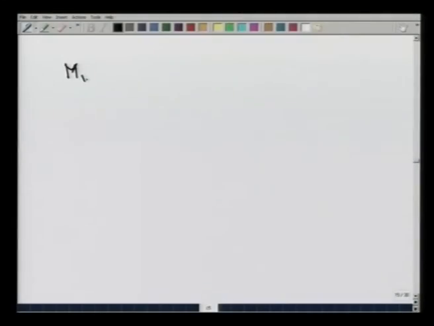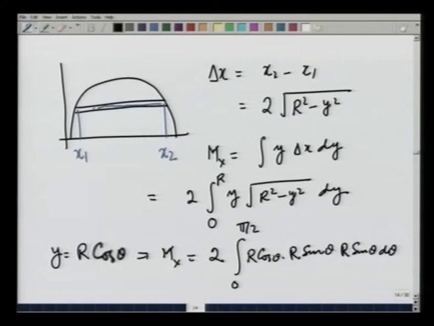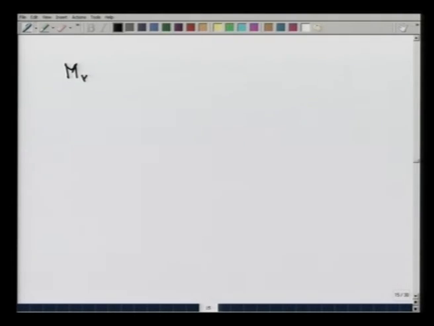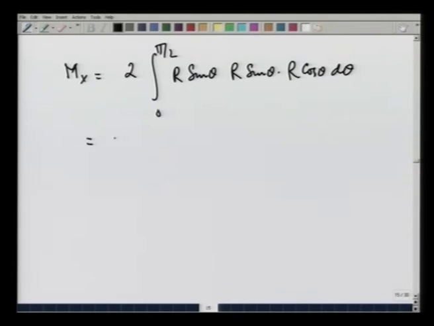So, we have m x equal to 2 integration 0 to pi by 2 r sin theta r sin theta r cosine theta d theta, which is 2 r cubed integration 0 to pi by 2 sin square theta cosine theta d theta.